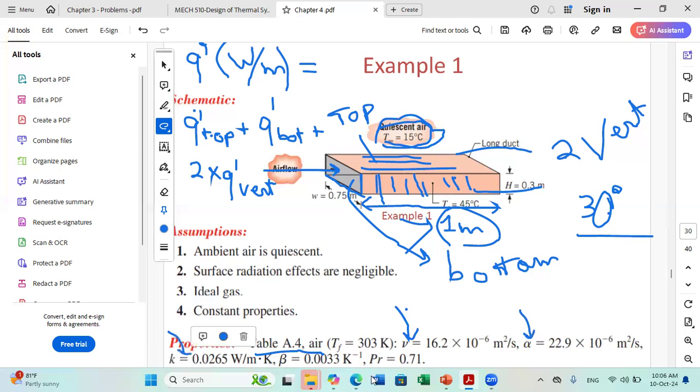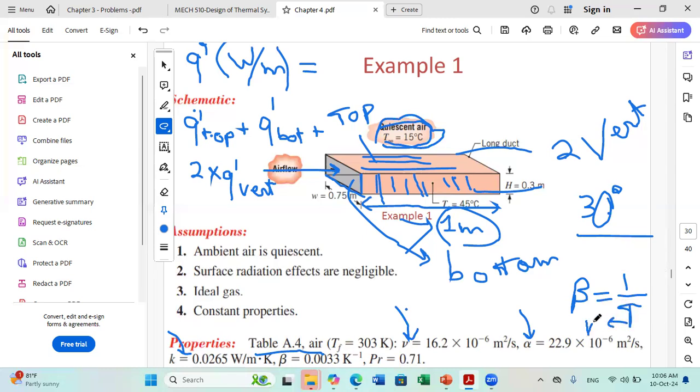Now for beta, no need for the table, because we can treat air as an ideal gas. And for an ideal gas, beta is calculated as 1 over the temperature. But please pay attention, your temperature T should be in Kelvin, not in degrees.